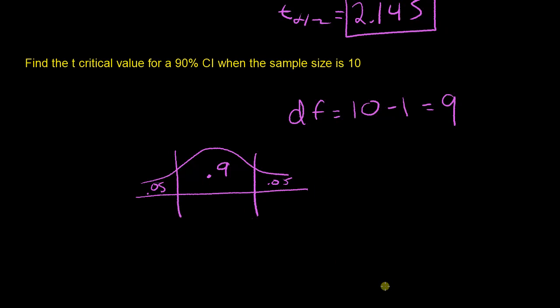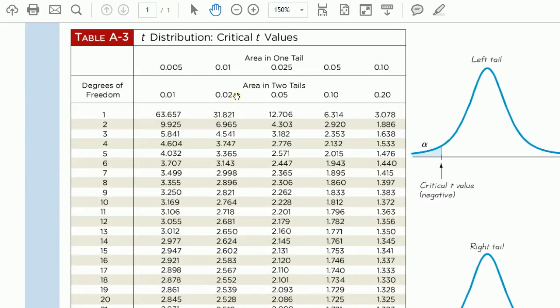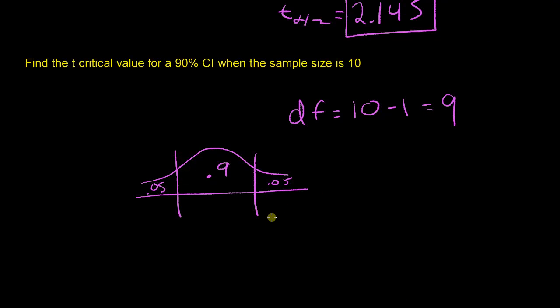So let's go to my table. The area in two tails is 0.1, and my degrees of freedom is 9. So I go down to 9, and 1.833 is my critical value. So t alpha divided by 2 is 1.833.